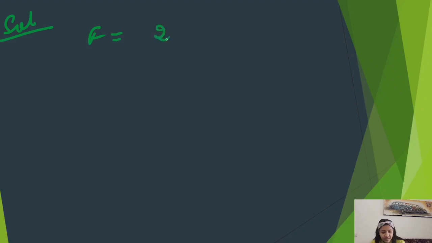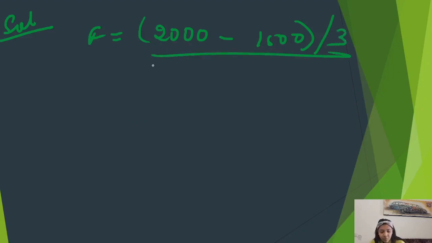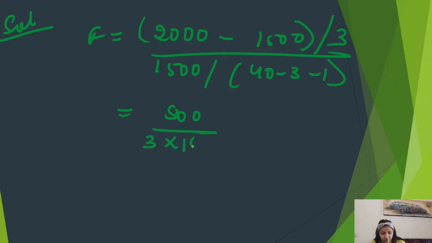F is TSS, 2000, minus RSS, 1500, divided by the number of predictors, which is 3, upon RSS, 1500, divided by N, 40, minus 3 minus 1. We solve this and we get the value as 4.0.